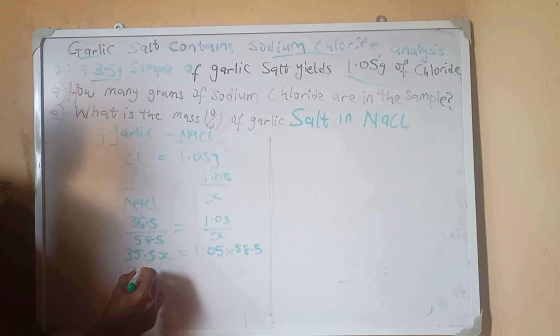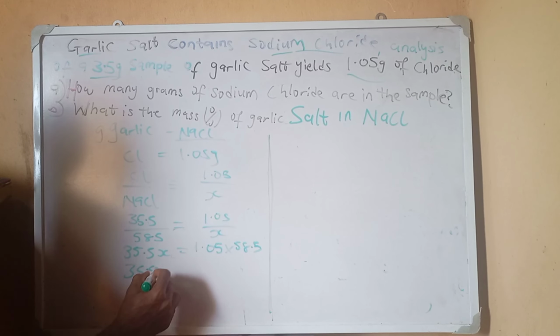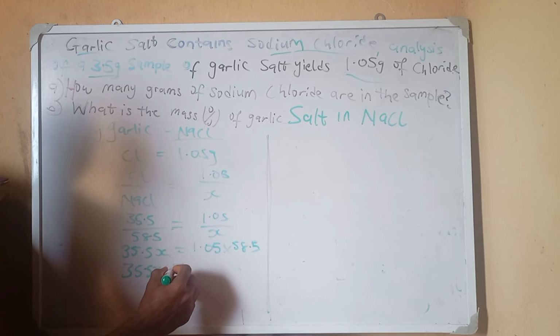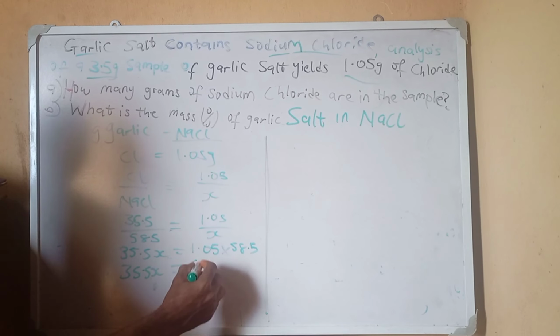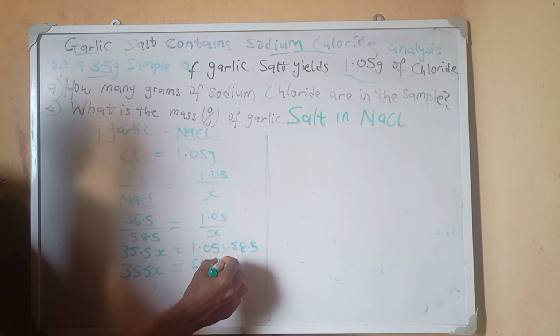So we have 35.5 times the mass of sodium chloride is equal to 61.425.